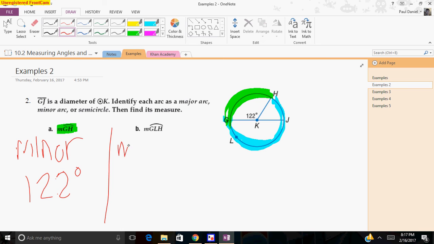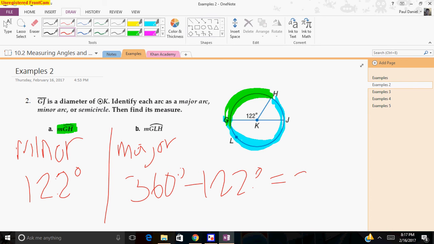That's right, it's a major arc. And its measurement needs to be whatever 360 degrees is minus 122, because it needs to be basically what's left of that circle. So in our case, that is 238 degrees.